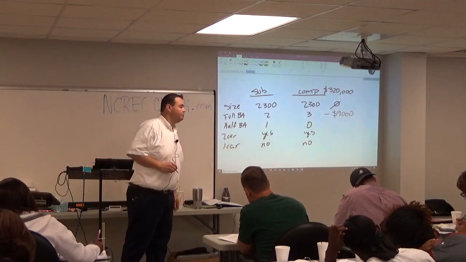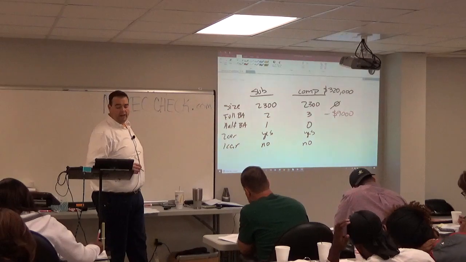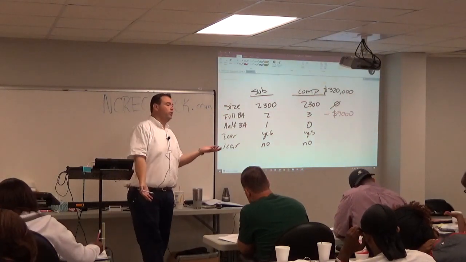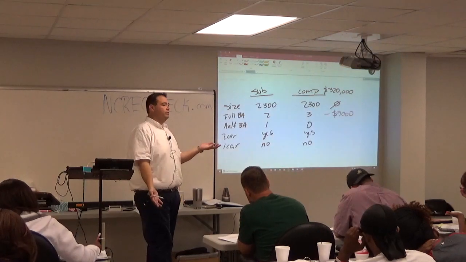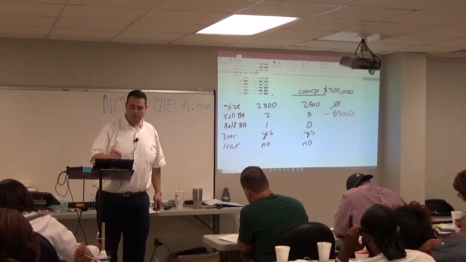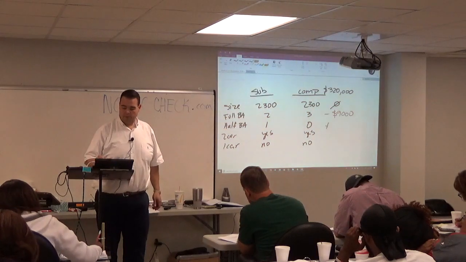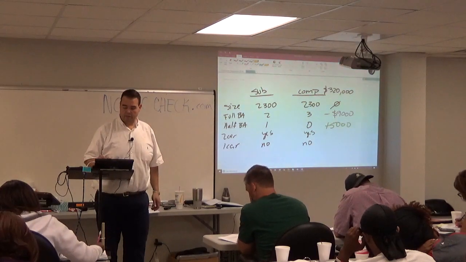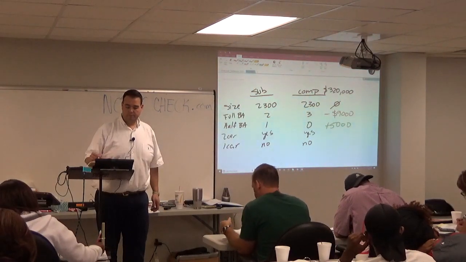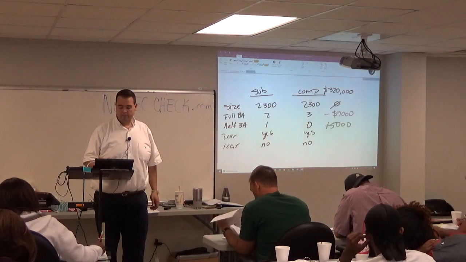Everybody okay with that? And then I look at half baths. The subject has 1, the comp has 0. So do I need to make an adjustment? Yes. Which way? Up, by how much money? Plus $5,000. Garages, I don't need to make an adjustment. All good.